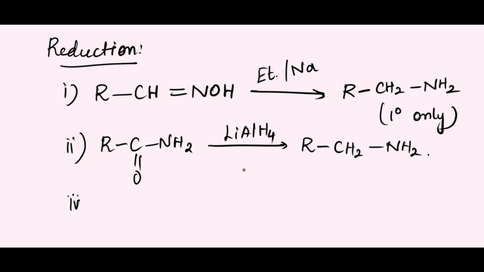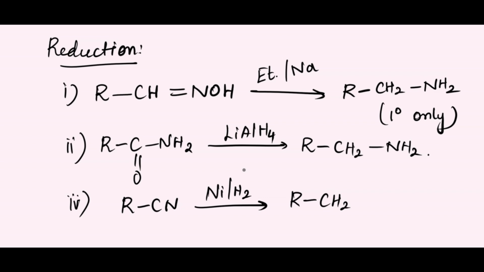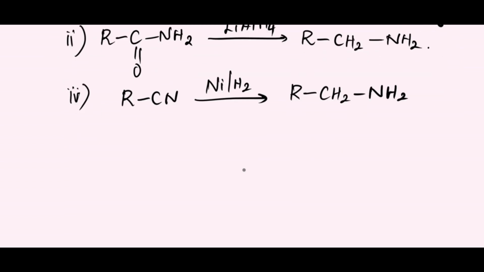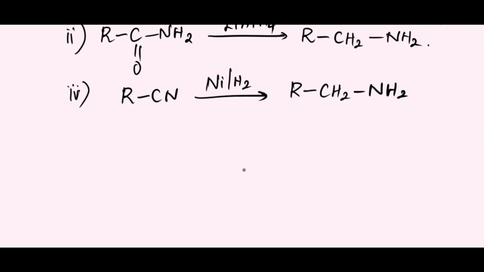The third one is from nitrile. I'm using a reducing agent, hydrogenation agent, anything works, which will give you RCH2NH2. What if I'm having isonitrile like this, RNC?